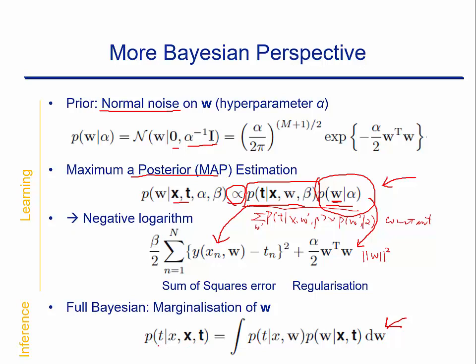To evaluate the predictive distribution P of t given x, we will integrate P of t over all the possible values of W. In this integration equation, the first part, P of t, is given in the last slide, and we omit the dependence of P of t on the model parameters alpha and beta to simplify the notation. The second term is just the posterior probability P of W given in the equation above.